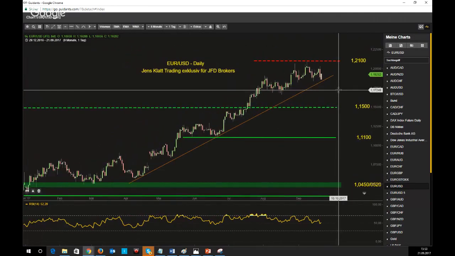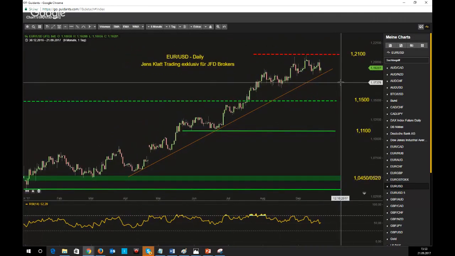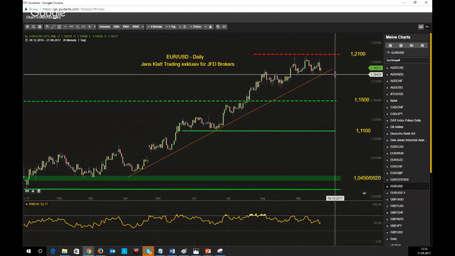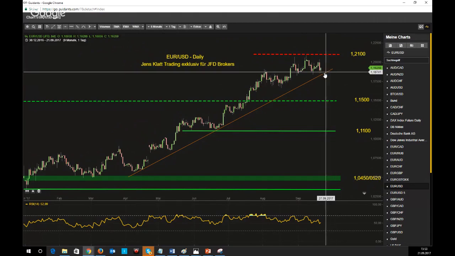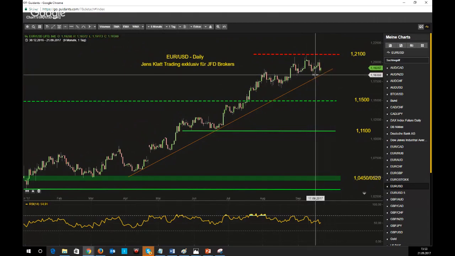On top of that, the ECB compared to the Fed is very, very dovish in their monetary policy. So from a fundamental perspective too, I think the market is about to see a dip on the downside sooner or later. And from a technical perspective, we can say that everything below 118 should be considered bearish.